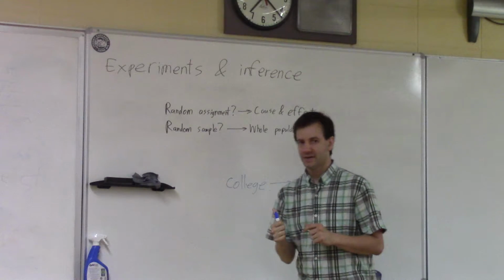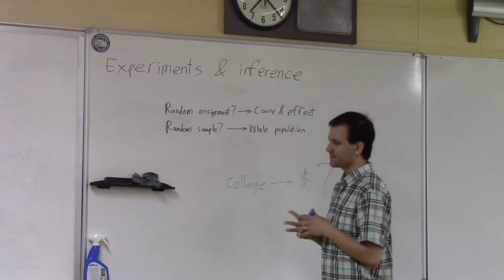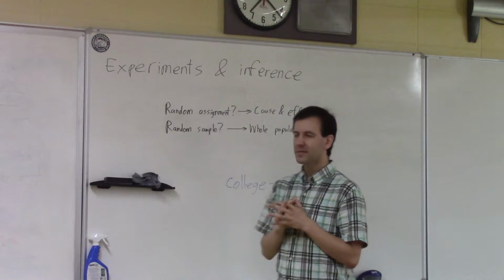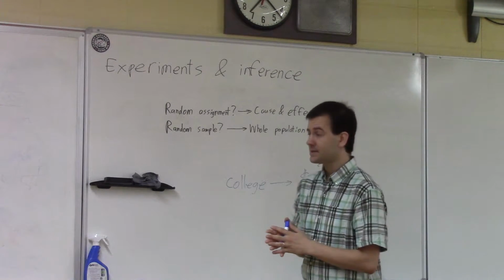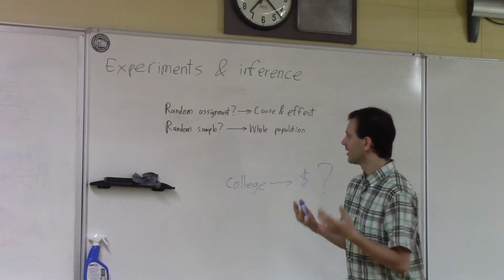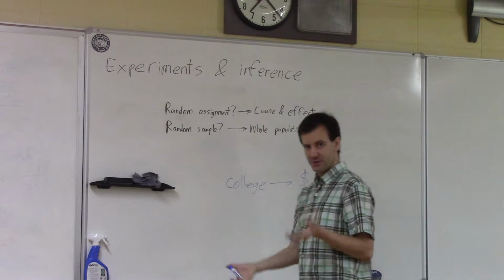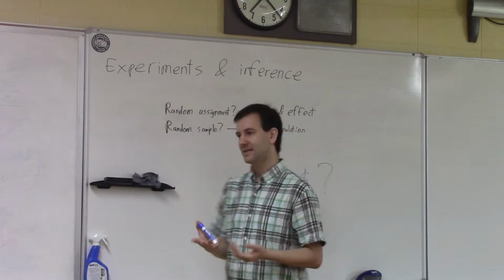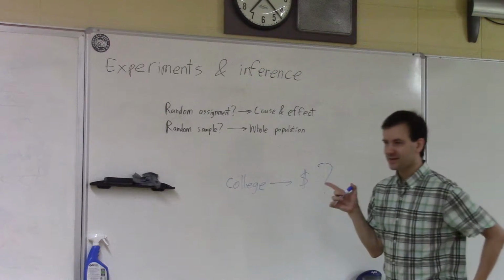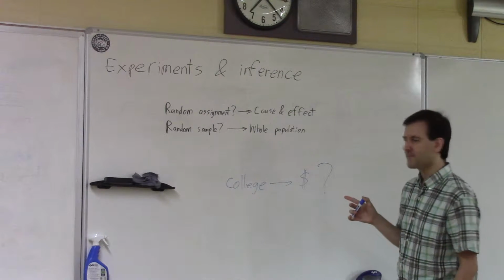An experiment is, for one thing, supposed to involve randomly assigning people to groups. What that means is, let's say that I get 100 people to agree to participate in an experiment about whether going to college causes you to earn more money.